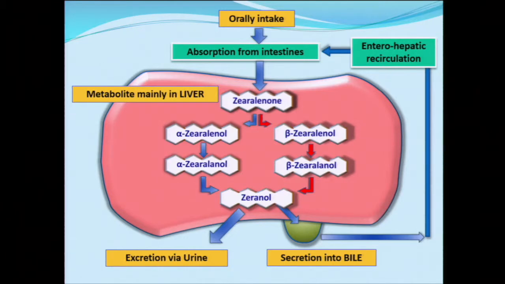The pathway of Zen, beta-zearalenone or beta-zol, alpha-zearalenone, is well understood in the case of cattle.